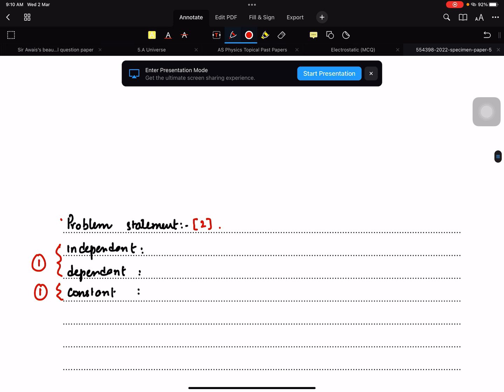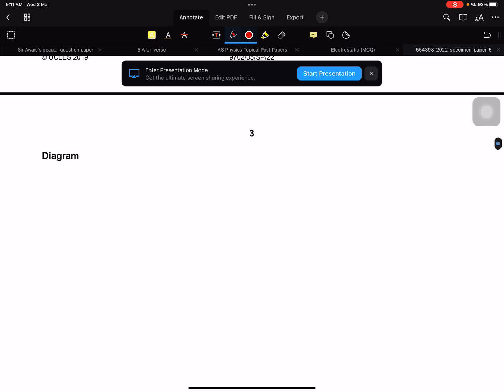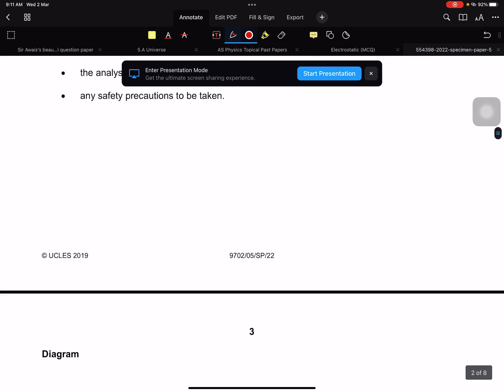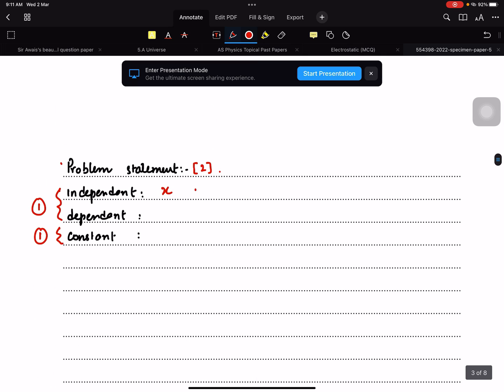The independent quantity is a quantity which you can control. And dependent is that if you control something, then the other thing changes automatically. So in here, X, which is the distance here, as you can see, is independent because you can control it, and E changes because of that, so E is dependent.